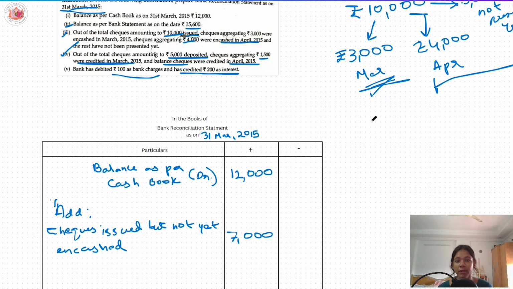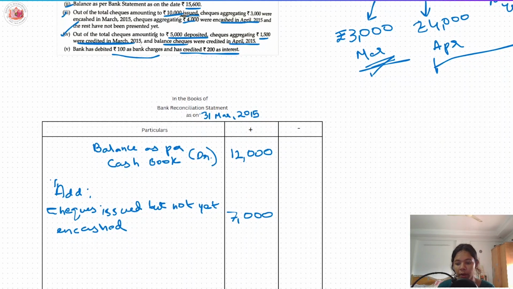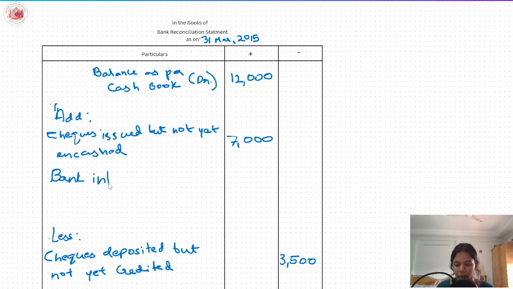And similarly, for this 200 rupees interest that has been credited, my passbook balance is more now. So if I want to equalize the two, my cash book balance also should increase by 200 rupees. Got it? So this bank interest I will add. Bank interest credited, rupees 200.